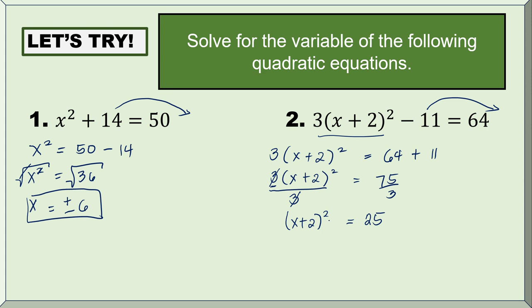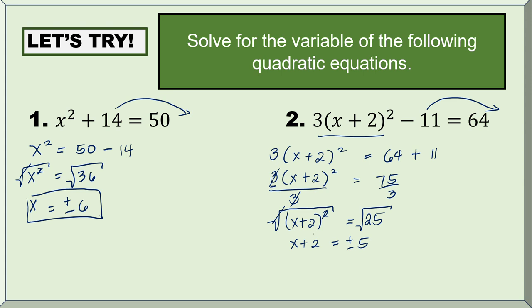And then, to remove the exponent 2, we need to apply the square root property. So square root of x plus 2 quantity squared, cancel this, we'll get x plus 2 equals square root of 25 is positive and negative 5.